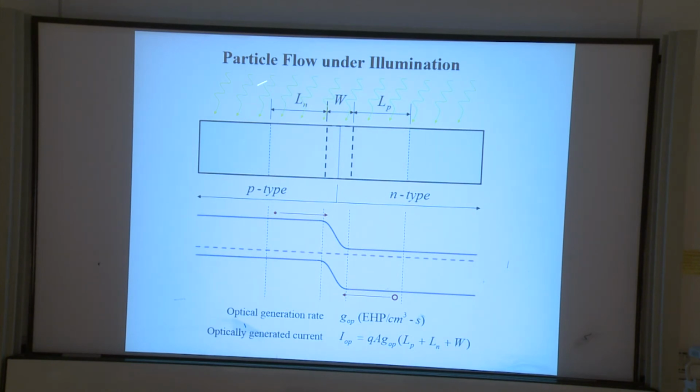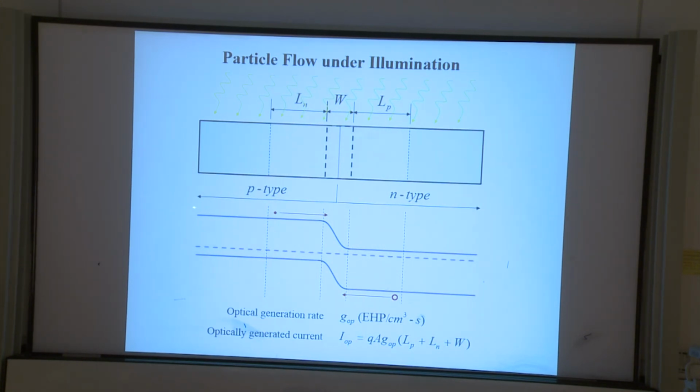I use yellow, you may not be able to see it very clearly. Still, we have the depletion width, but other than the depletion width, we have an extended distance, the so-called electron diffusion length and hole diffusion length.